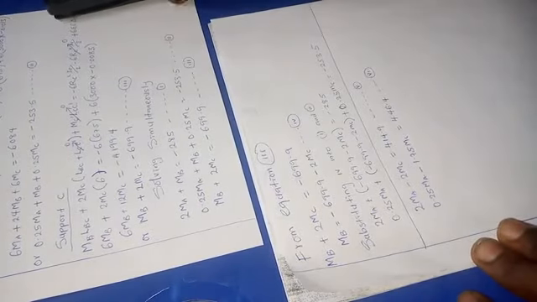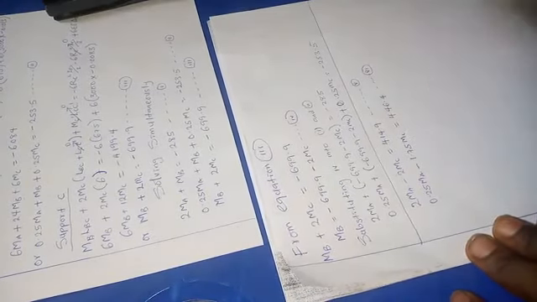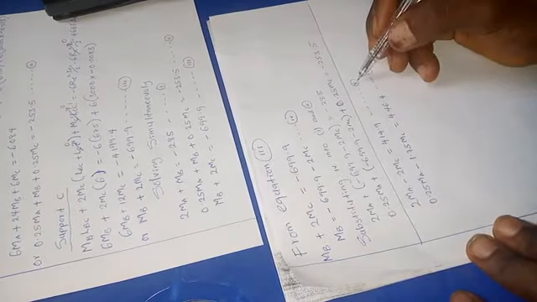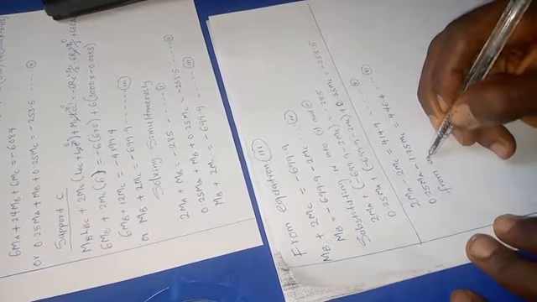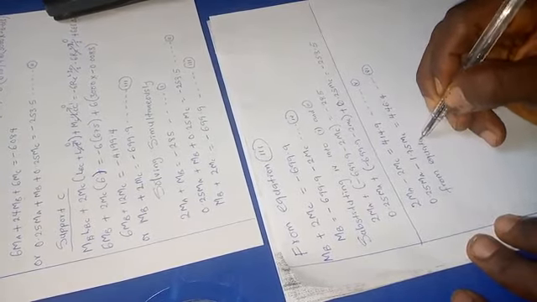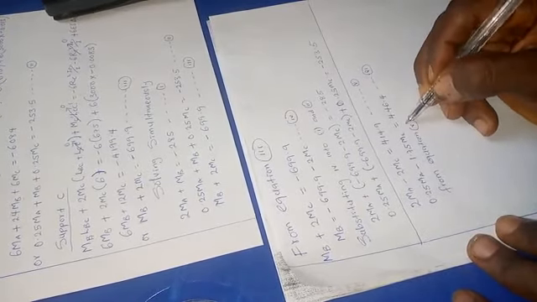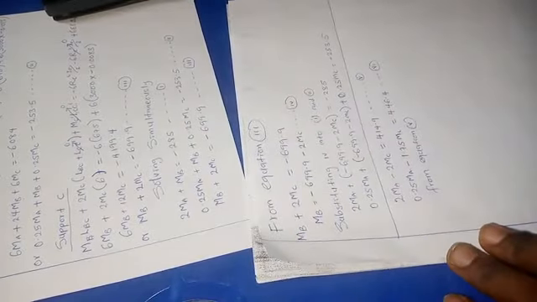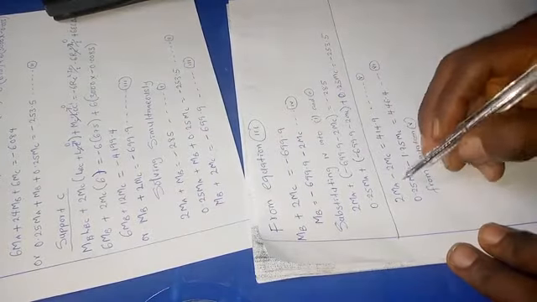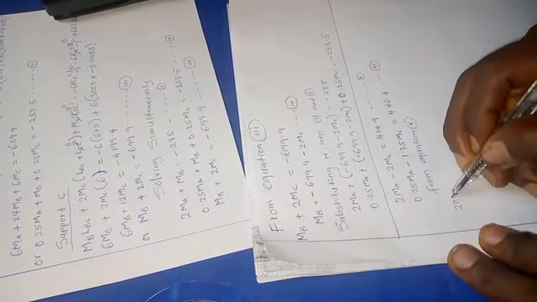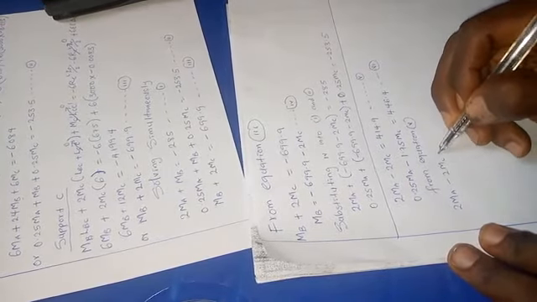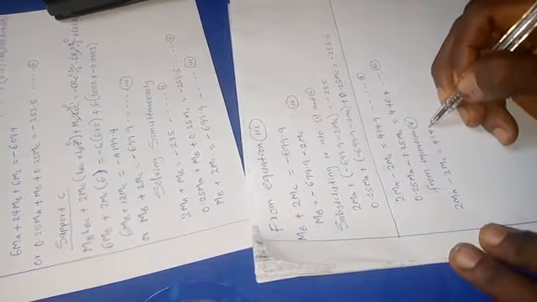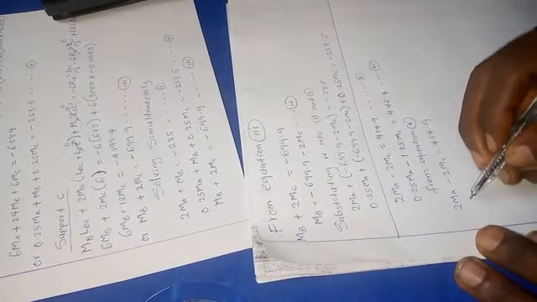The next thing I have to do is to make any of them the subject of the formula. I can start from equation 5. From equation 5, I have 2 moments at A minus 2 moments at C equal to 414.9. Let me reduce everything by 2.